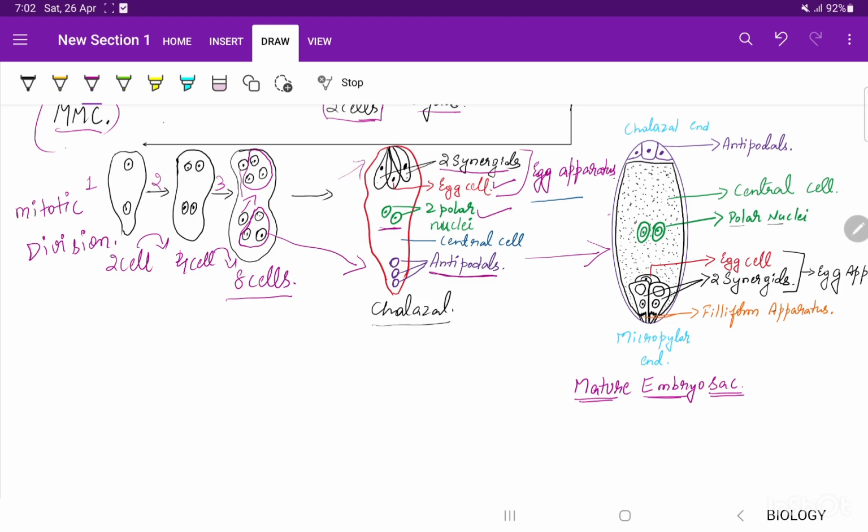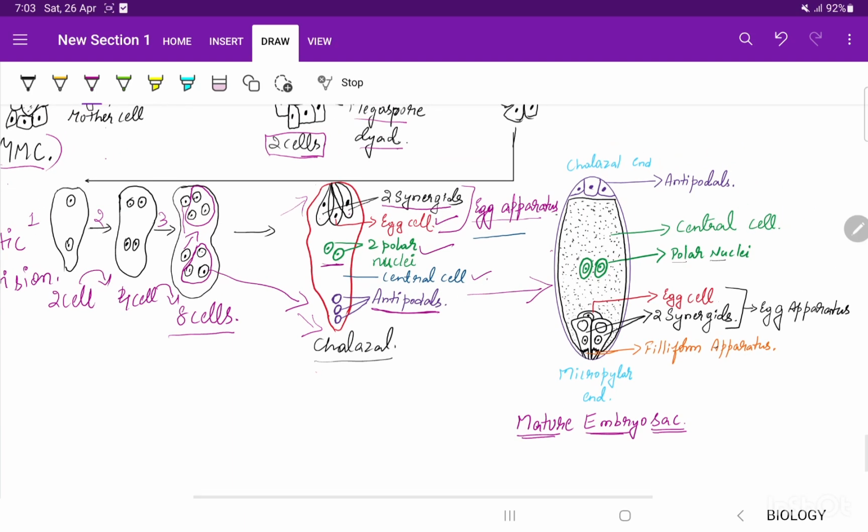After the organization of cells to their end position, there is a formation of cell walls. All the egg apparatus forms the cell wall after coming to their position. But polar nuclei do not form the cell wall. They remain as one cell, as the central cell.